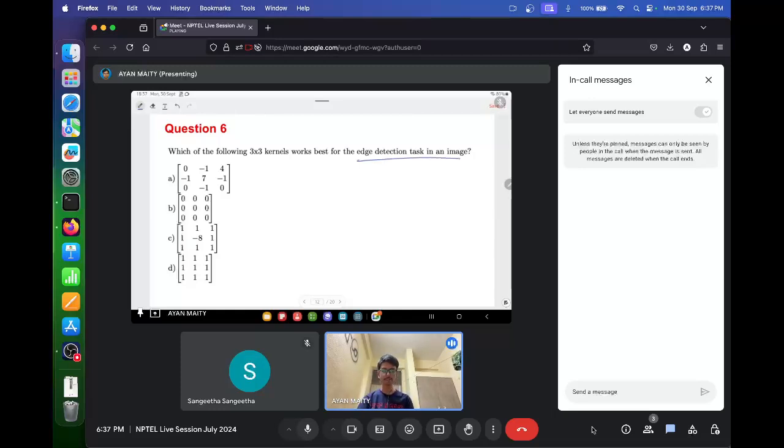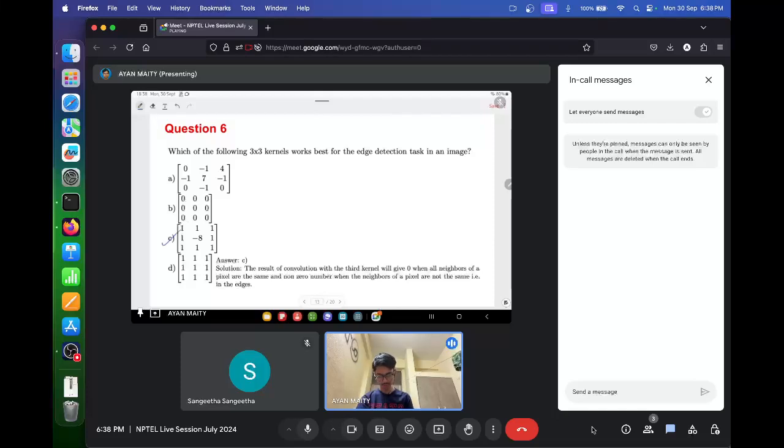The 4 matrices are given in the options. So the correct answer is option C.